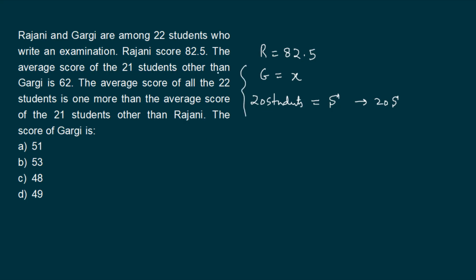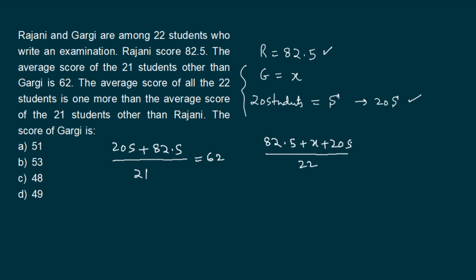The average score of 21 students other than Gargi is 62. That means 20S plus 82.5, by 21, is equal to 62. The average score of all 22 would be 82.5 plus X plus 20S divided by 22.